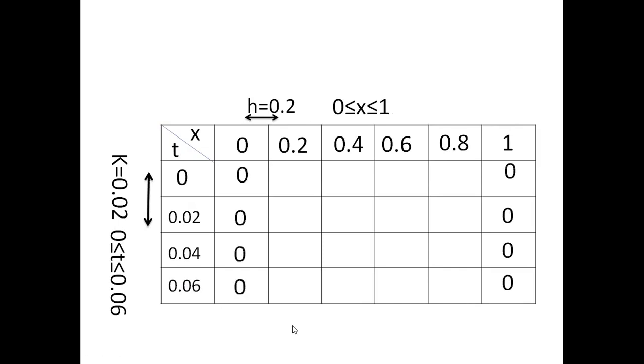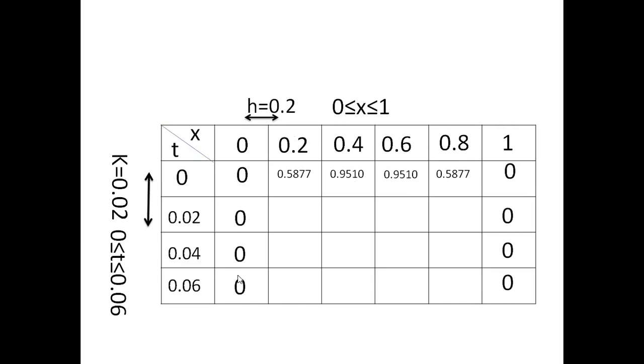Then if you put this value in the function, this value is equal to 0, and when we put 1 in the function, we also get 0. Yes. So when t is equal to 0, put the values of x, 0.2, 0.4, 0.6 and 0.8 in the function, and we get these values.